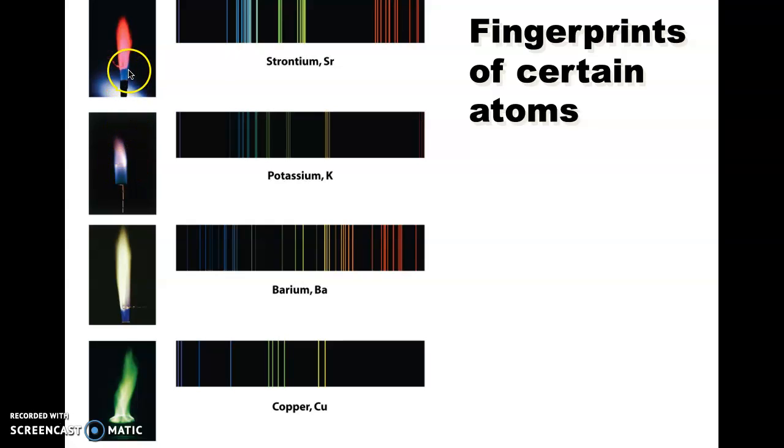And then you've got strontium up the top, which always burns more of a pinkish red. So very important to note that we can in fact identify some of these elements by the colors that they give off as they are returning back to ground states.